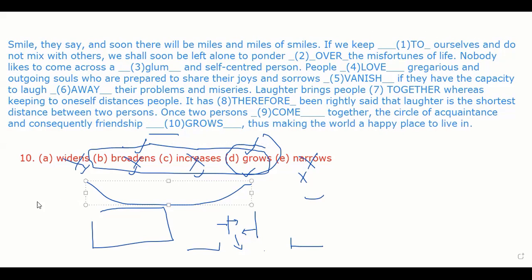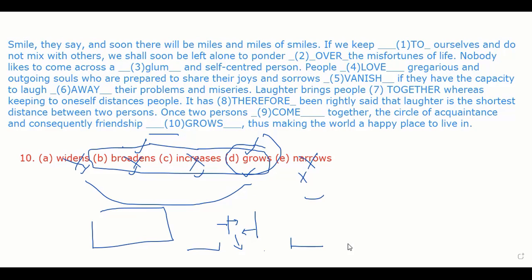Meghna, do you want to read the full paragraph with the right answers now, just to make sense? Okay, sir. Start, please. Everybody just observe this. Smile, they say, and soon there will be miles and miles of smiles. If we keep to ourselves and do not mix with others, we shall soon be left alone to ponder over the misfortunes of life. Nobody likes to come across a glum and self-centered person.